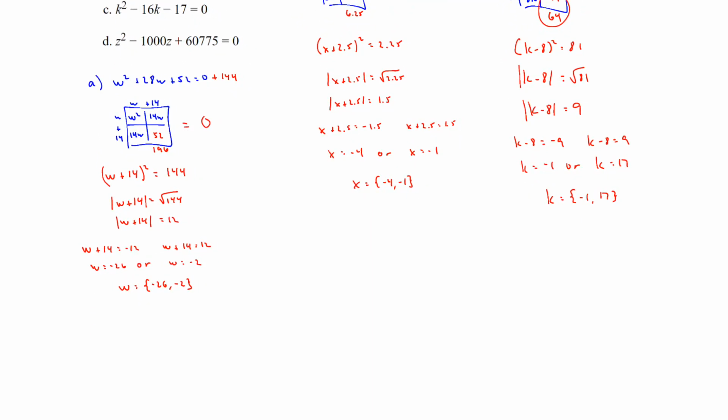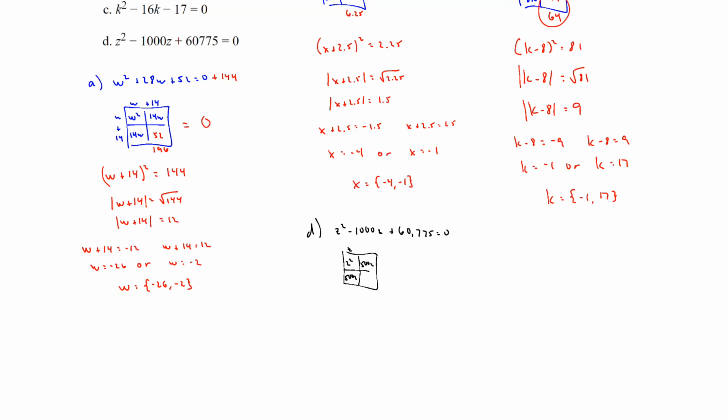I have to move down a little bit here, but D, we have z squared minus 1000z plus 60,775. So we've got some bigger numbers here, but the idea still applies. You have your z squared, and then 1,000, that's going to be 500 on each side.